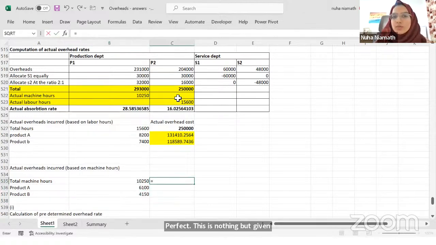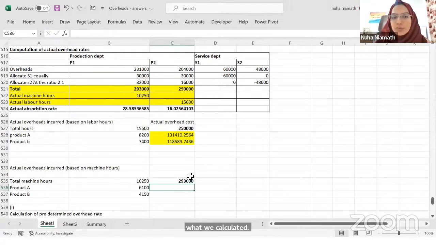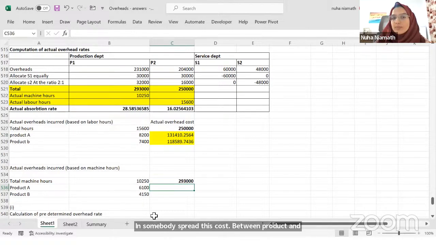So for total machine hours, we have the cost as 2,93,000, which is what we calculated. So now can somebody calculate and tell me what it is for product A and product B in the comments? Can somebody split this cost between product A and product B? Anybody?